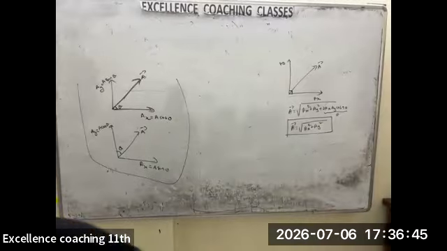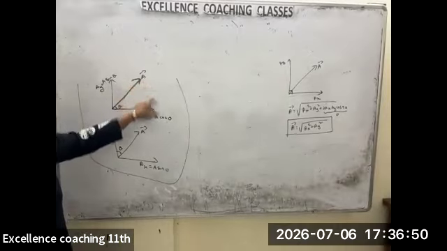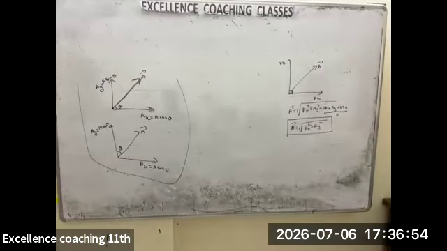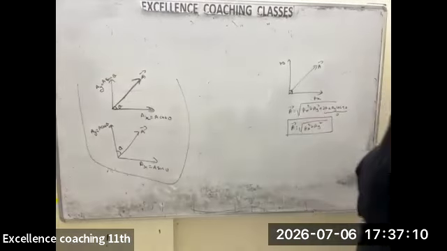R is given as 20. So basically A is given as 20 with respect to this one if we take. Theta is 60. Find Rx and Ry. What will be the formula for Rx? Yes. Rx is R cos theta. Ry is R sin theta.